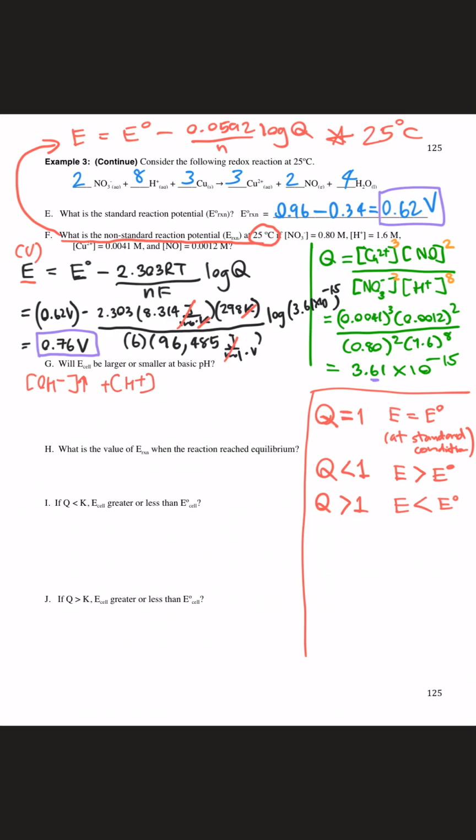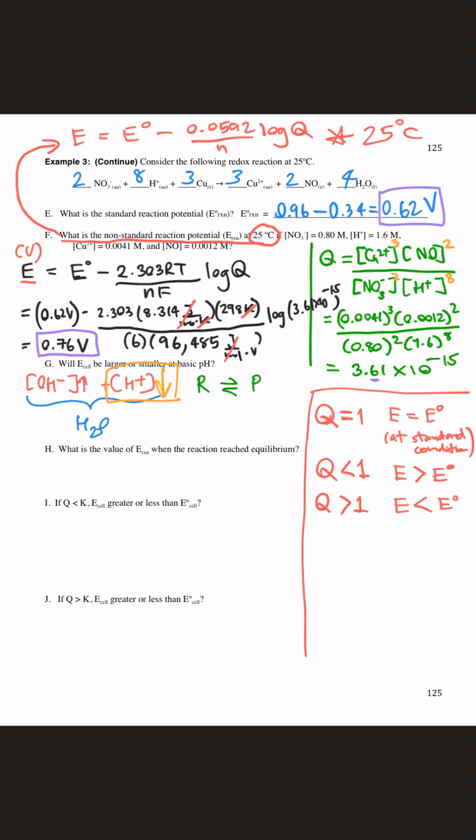As these two react, they neutralize each other to become water. Therefore, over time, the concentration of the proton will decrease. Now, if you look at the equation again, the proton is part of the reactant. So I'm going to simplify this by using reactant that undergoes equilibrium to become product.